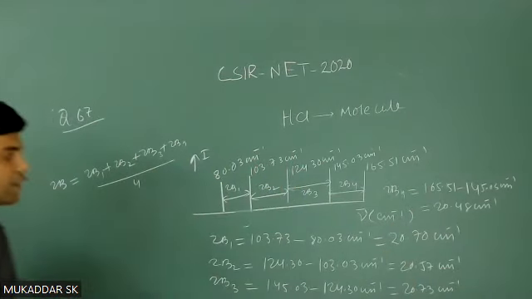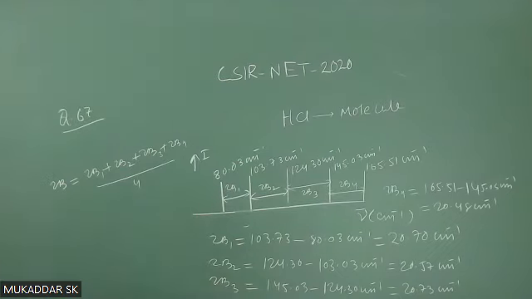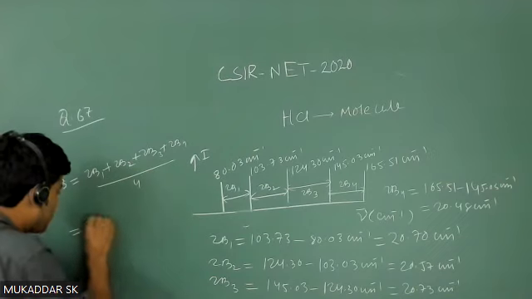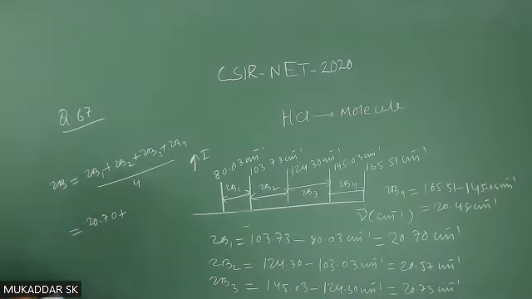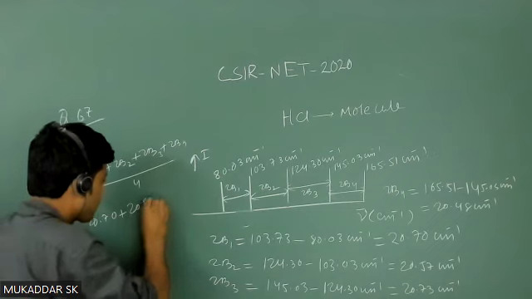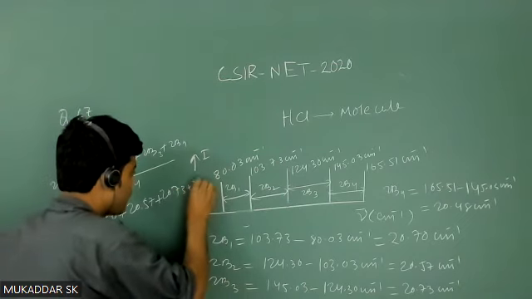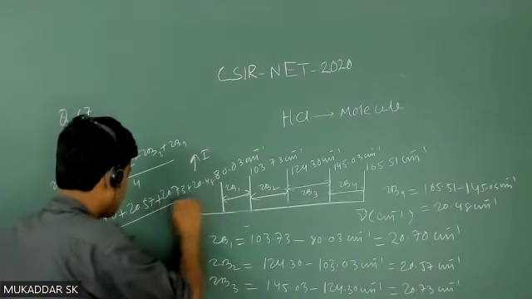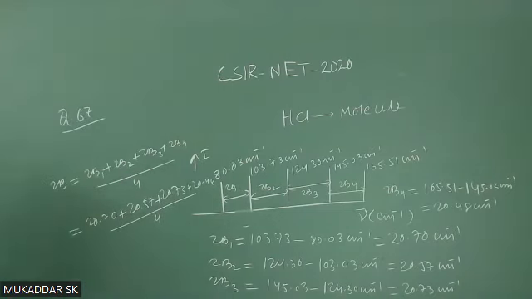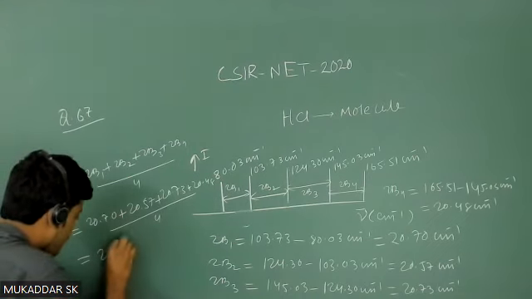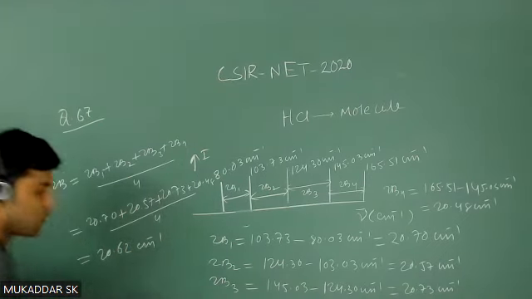There is slight deviation, which is experimentally expected because of centrifugal distortion of the molecule. Nothing is perfectly rigid. So if you calculate, you will have 20.70, 20.57, 20.73 plus 20.48 divided by 4. If you calculate this value, you will get 20.62 centimeter inverse.